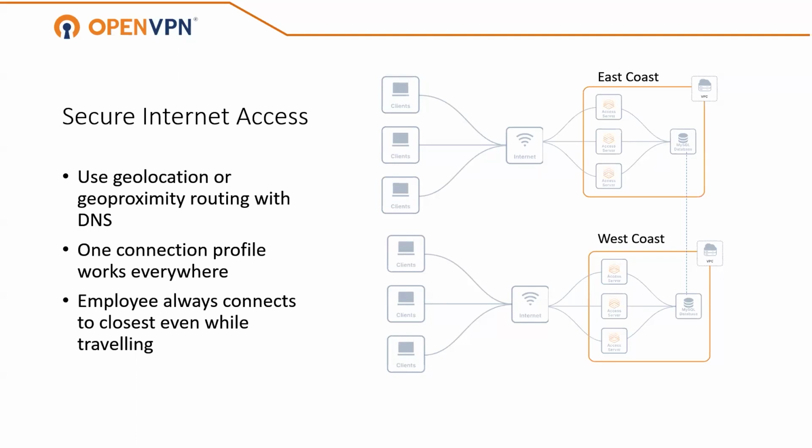We don't want to give employees different connection profiles. So we don't want to give the East Coast employees a different profile from the West Coast employees. We want them to use one connection profile and connect to the closest data center so that even when they are traveling, it's convenient. So what do we do here? Next.